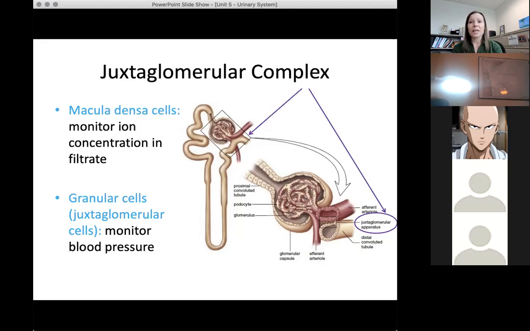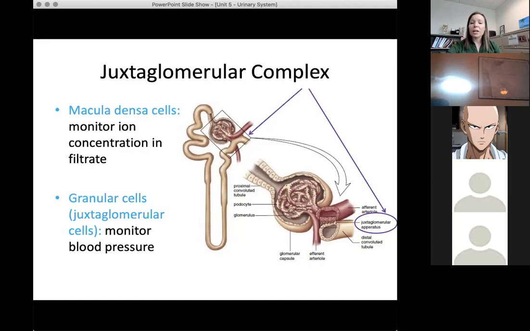Okay, and then the other cells, the granular cells, these are smooth muscle cells that monitor blood pressure in the afferent arteriole.